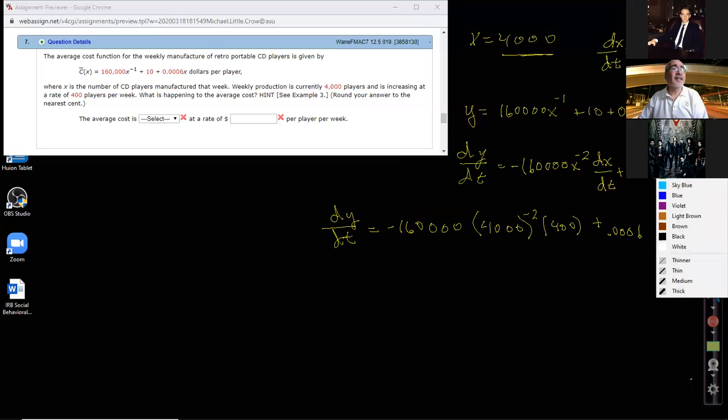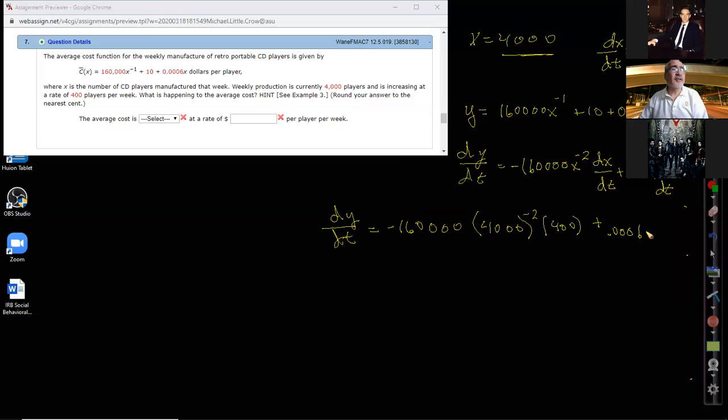Okay. 0.006 times dx/dt, which is 400. So it's a matter of just carrying out this whole calculation.